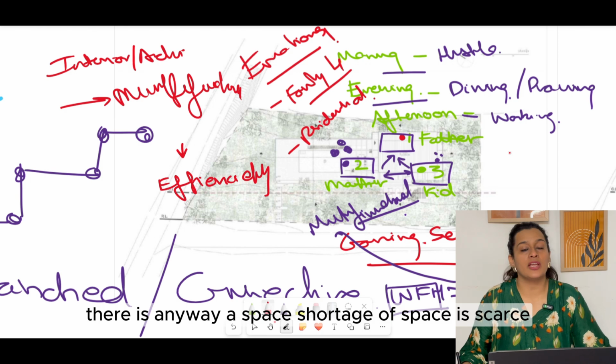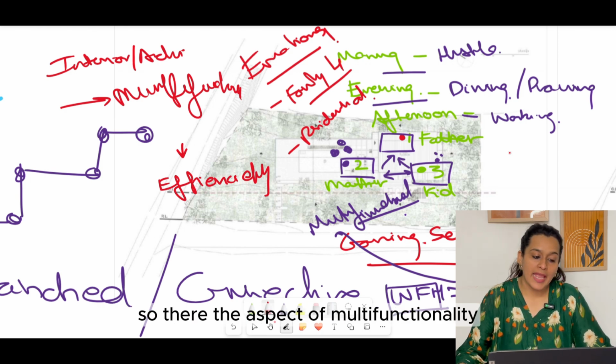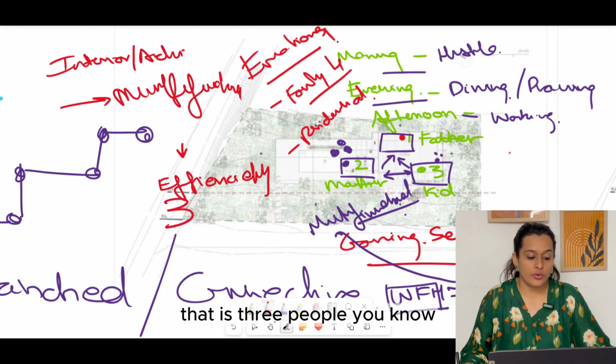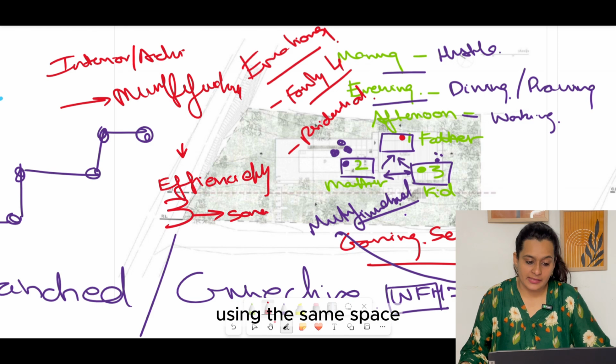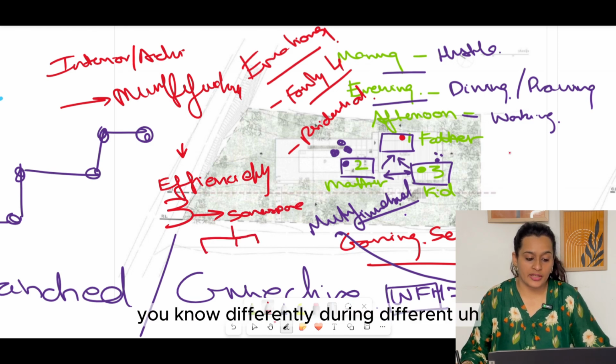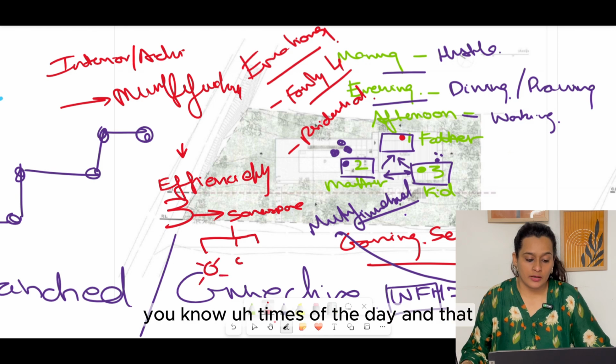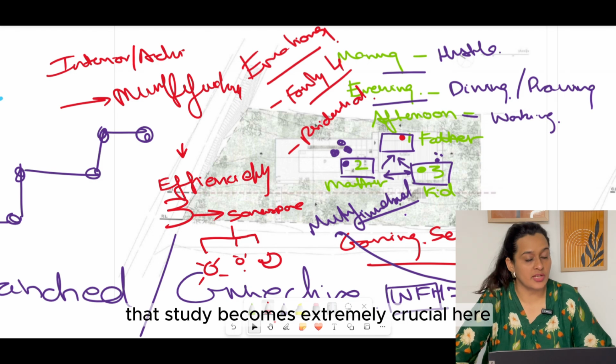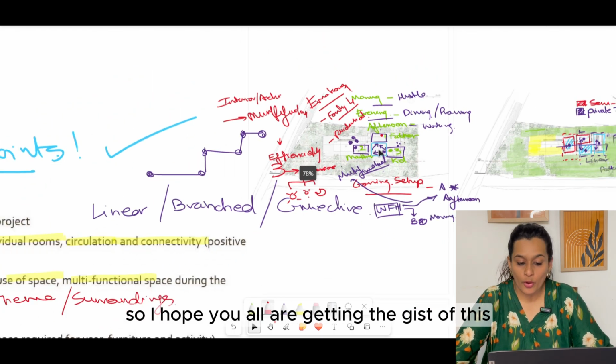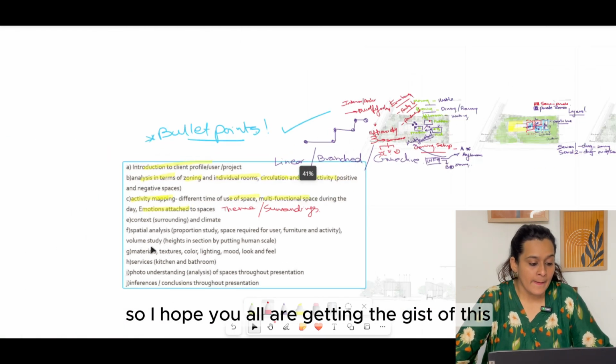There is anyway a space shortage, space is scarce. So there, the aspect of multifunctionality, that is, three people using the same space very differently during different times of the day, and that study becomes extremely crucial here. So I hope you all are getting the gist of this.